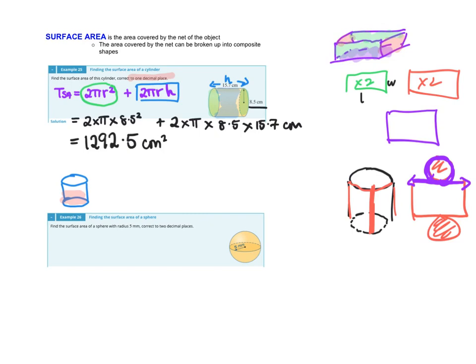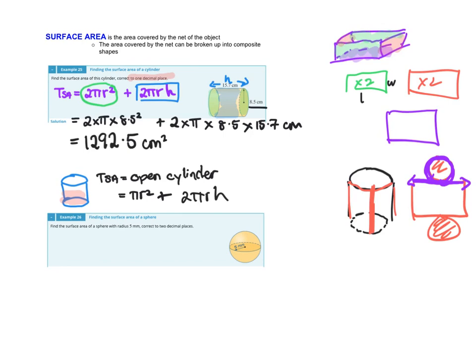No. So the total surface area of an open cylinder, which would be like a glass, has a formula of just pi r squared. There's not two of the circles, there's only one, plus 2 pi r h. That part's still the same. You've still got the round body bit, but not the top. So you need to be aware of that, because that's where you're going to get those difficult questions.